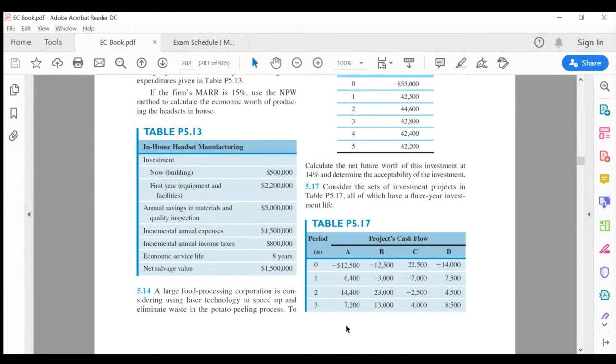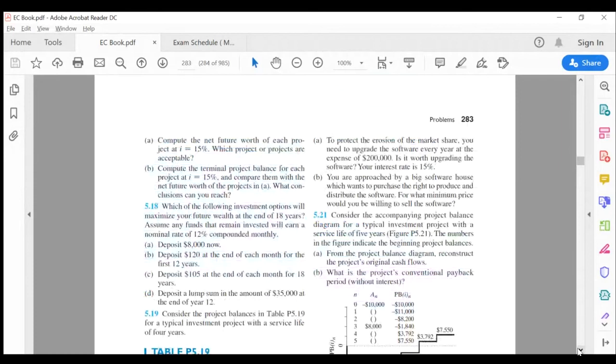So you have to solve this as a separate question. Project A is one question. What is the future worth? Project B is similar. Project C is another cash flow where you have negative at different points in time, and project D. And you are required to compute the net worth of each of these projects at i equal to 15%.